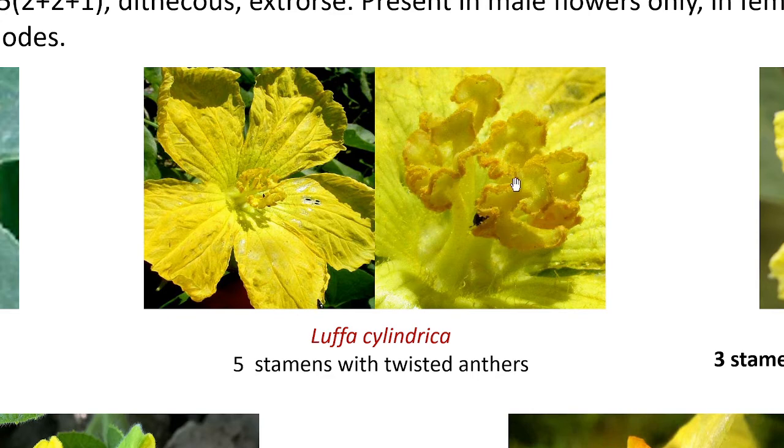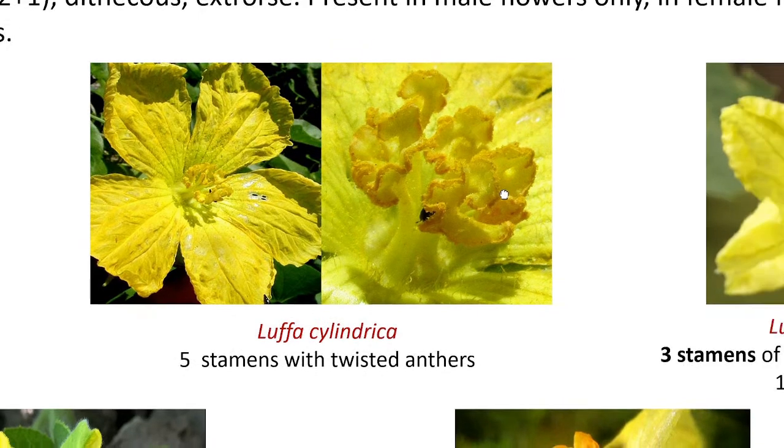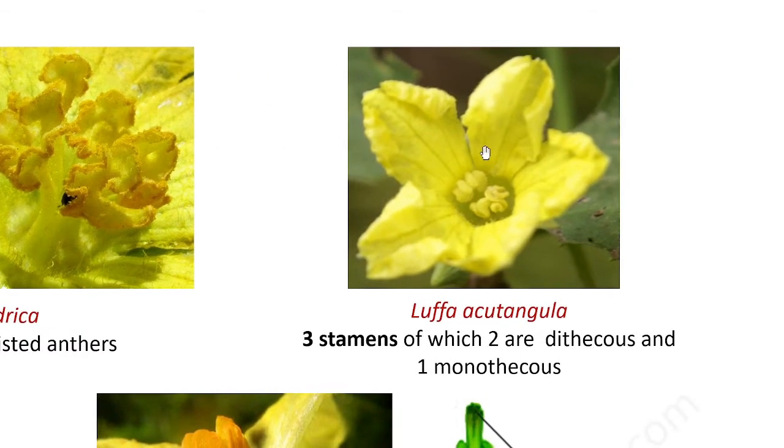So in Luffa cylindrica, we have 5 stamens with twisted anthers, and in Luffa acutangula, 3 stamens, of which 2 are dithecous and 1 is monothecous. We have only 3 stamens, 2 of which are dithecous and only 1 is a monothecous stamen.